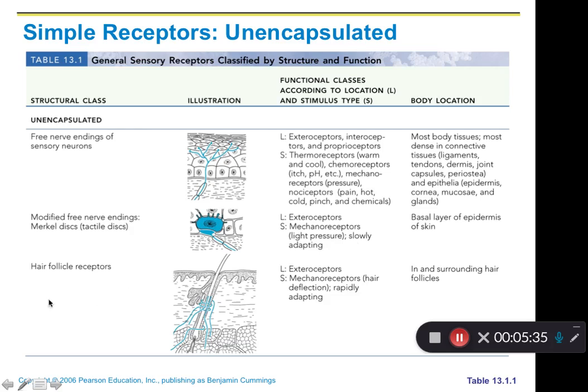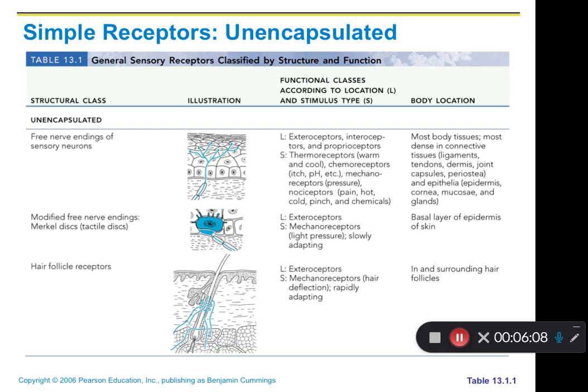The third is the hair follicle receptors. Based on this name, we can see this is one special free nerve ending receptor. This free nerve ending wraps the hair follicles. It is an exteroceptor, because the hair follicle is in the skin, right?